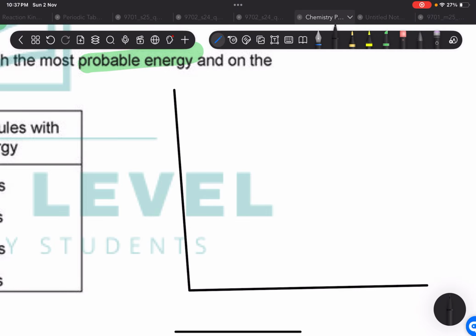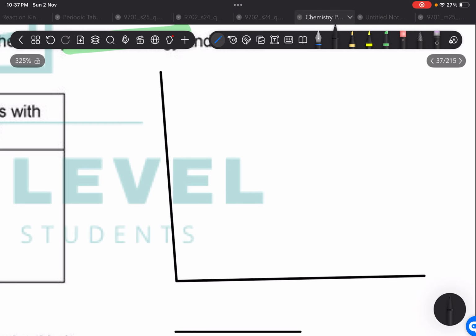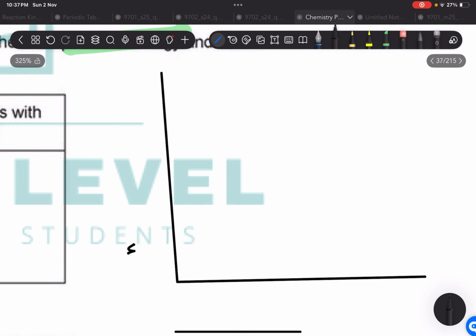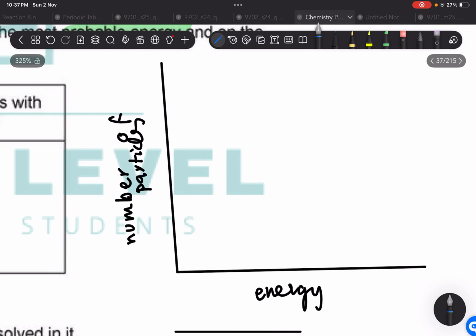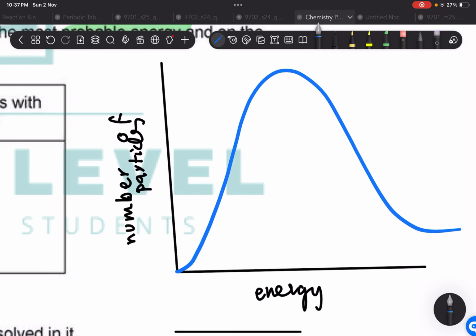Remember the graph we used in reaction kinetics? It's number of particles on the y-axis, and on the x-axis you have energy. How does this curve look? It was something like this.